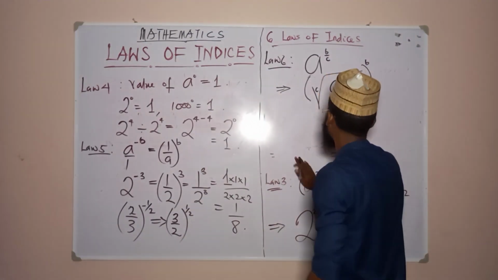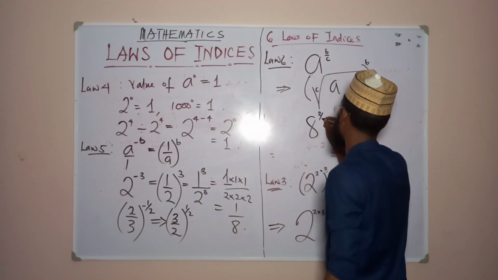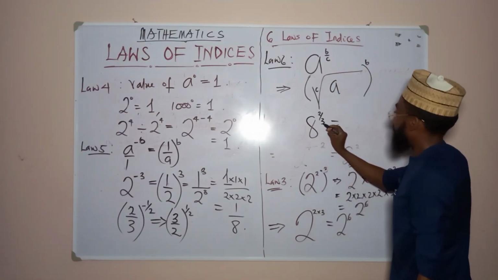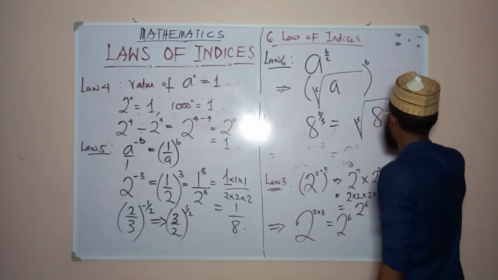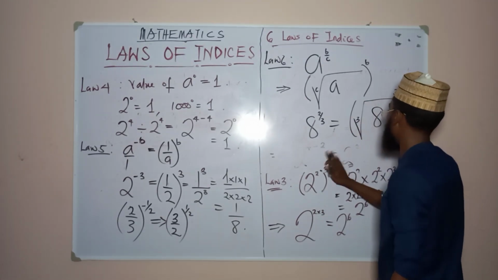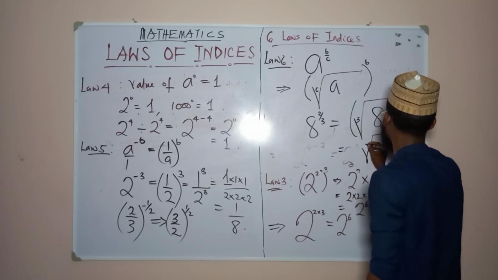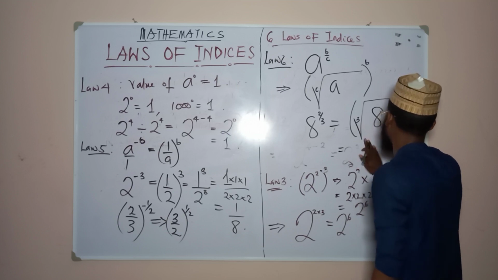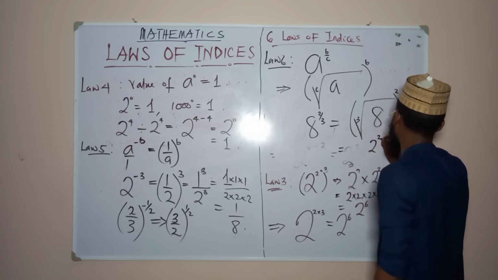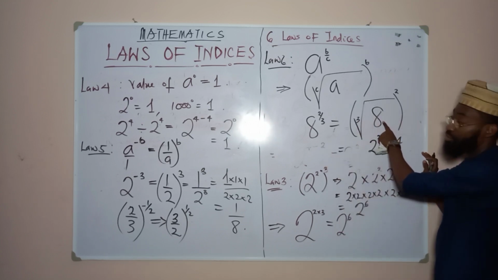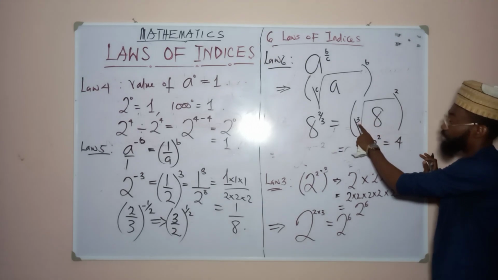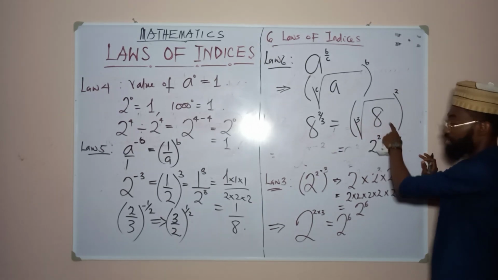For instance, 8 raised to 2 over 3, just take the denominator root of 8 raised to the power of 2. So this is going to give us that cube root of 8 is 2 raised to power 2, which is 4. So cube root of 8 is asking you to find out a number that you're going to multiply 3 times to give you 8.